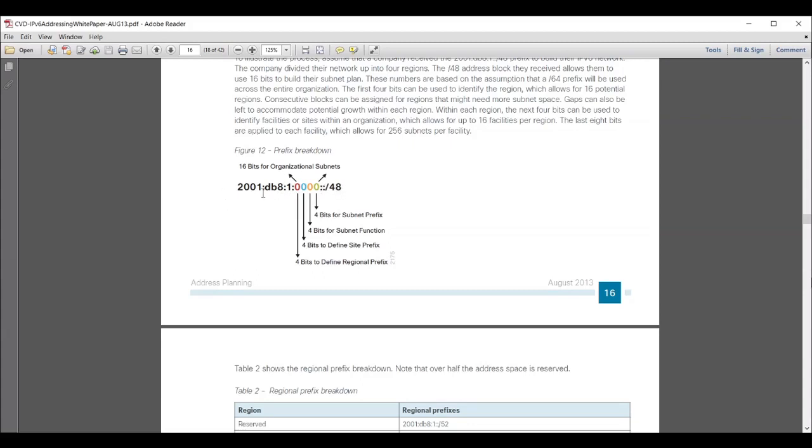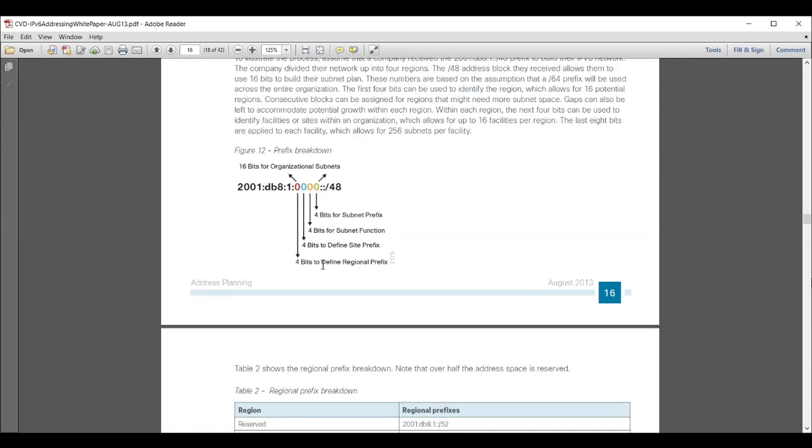So in this global prefix, one hexadecimal block has been utilized for subnetting. Here the first 4 bits, because if you take 1 hexadecimal digit of this, it can be represented by 4 bits, right?